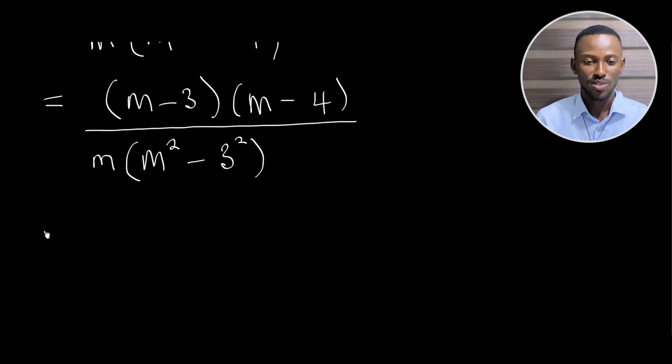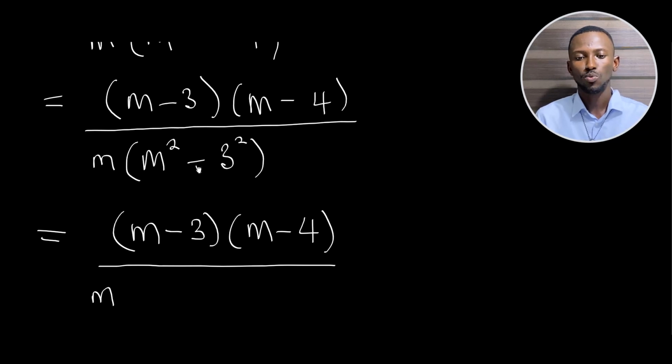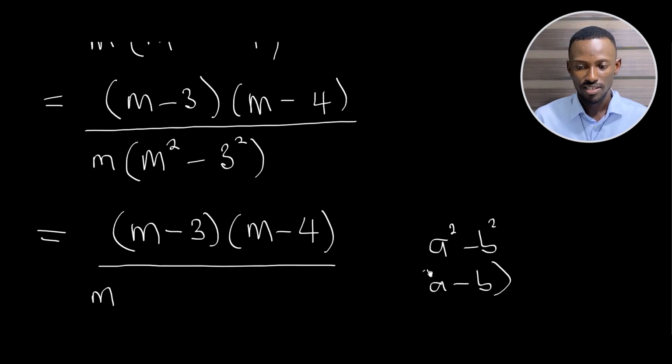So now we have, I repeat the numerator again, (m minus 3)(m minus 4). Then we have m, and this m squared minus 3 squared reminds us of difference of two squares. According to difference of two squares, a squared minus b squared is equal to (a minus b)(a plus b).